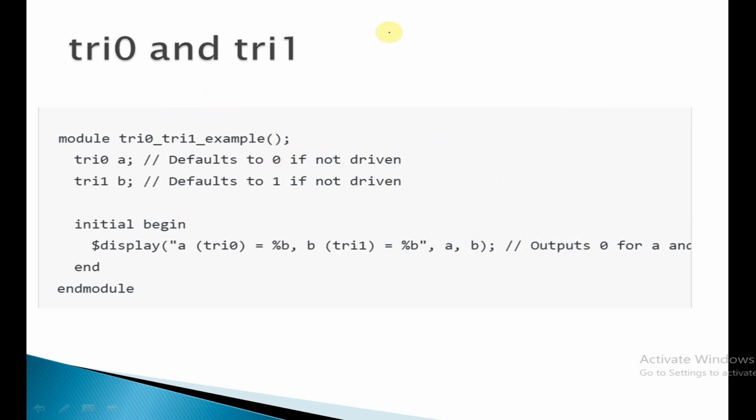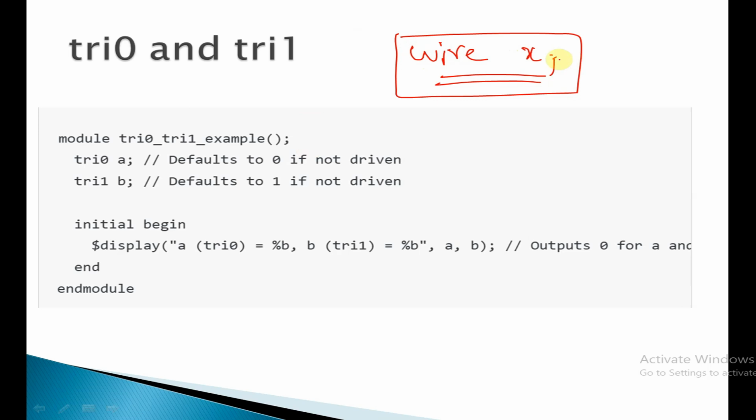Now, when we declare any variable as var, let's say var x, by default, if we have not given any value to this x, what is the default value which we have seen? Z, high impedance.